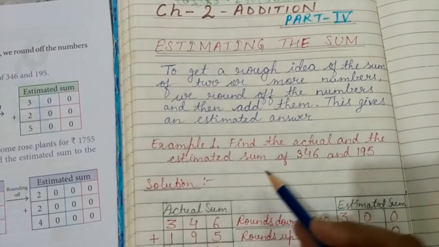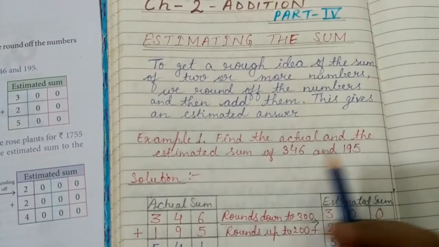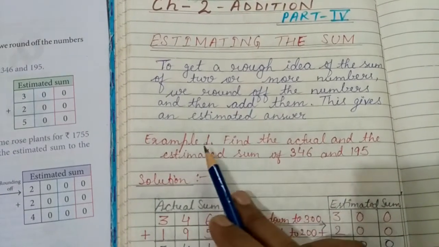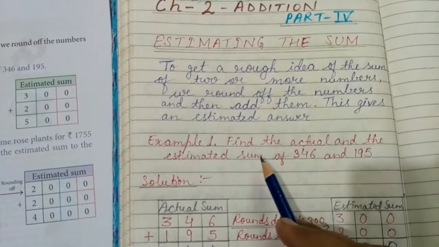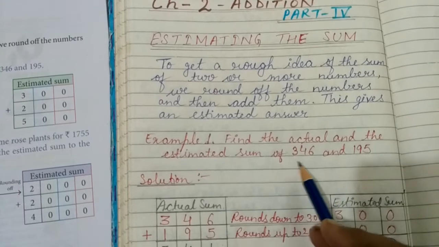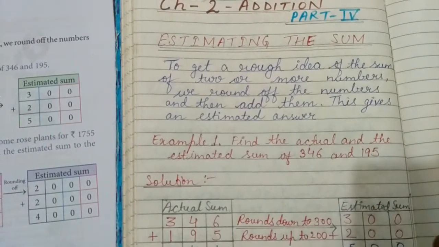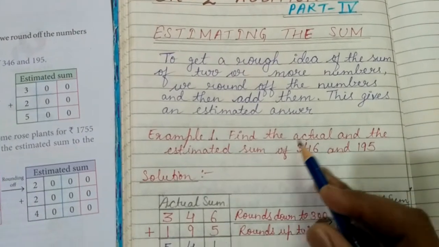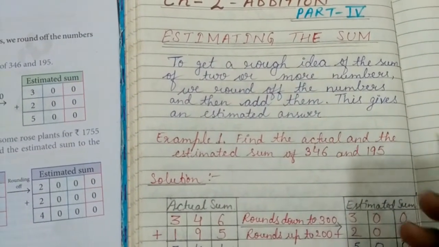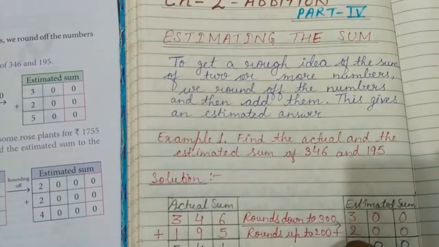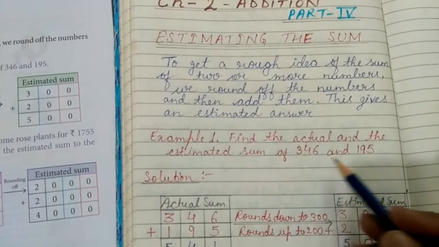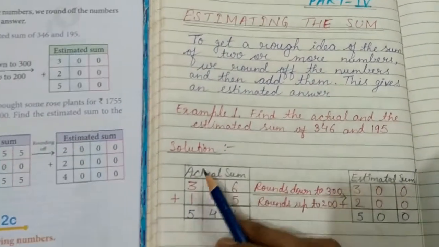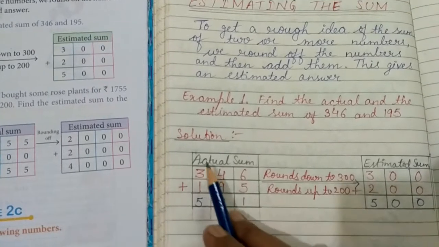This is the pattern of the question in this example. All of you know how to calculate the actual sum. Actual sum means you have to add the digits as it is given. In that form only you have to add these two numbers. You can see the solution over here.